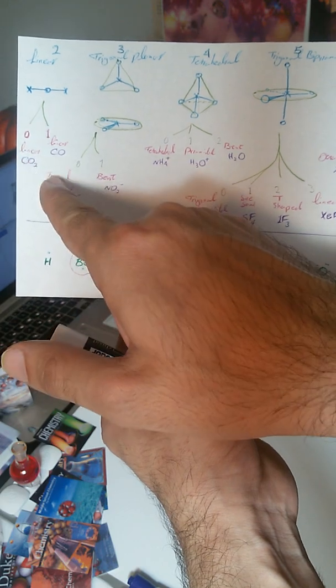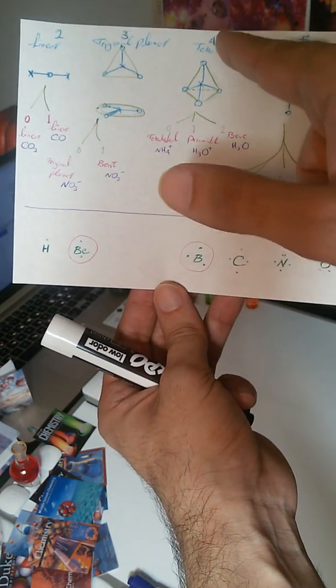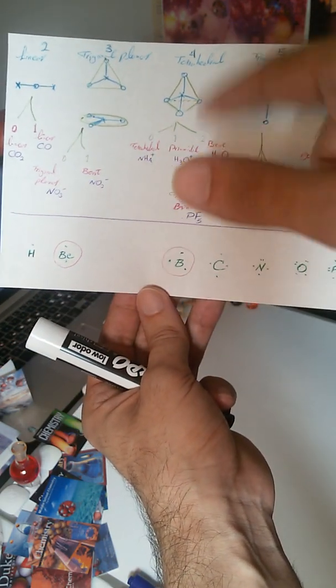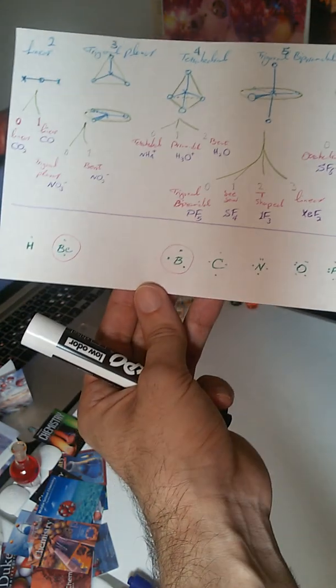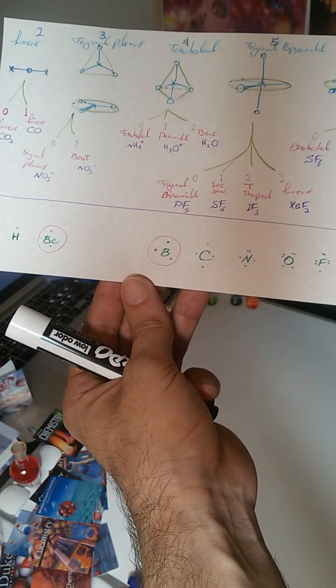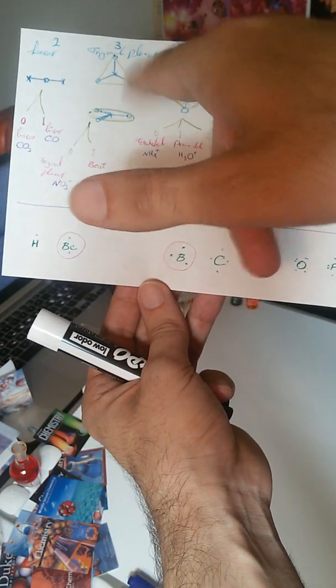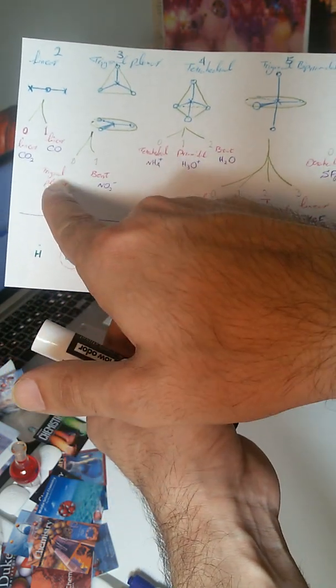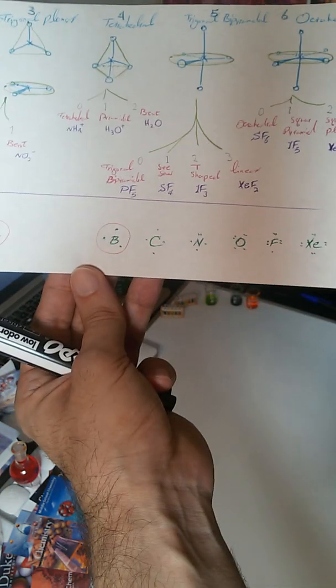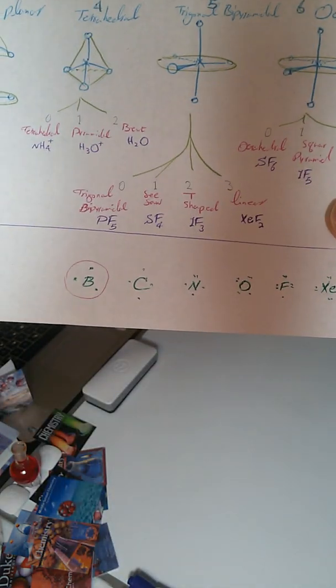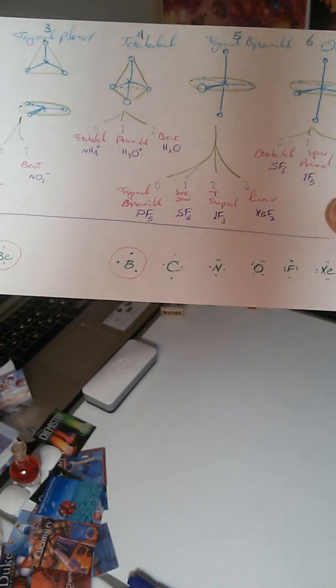Okay, now if you look, these pink little writings match when you have 0 lone pairs to the actual framework name. Like if you have 0 lone pairs for a molecule that has a trigonal planar framework, the name for that specific molecule would also be trigonal planar. Okay, so we will talk about this in detail with a specific example.